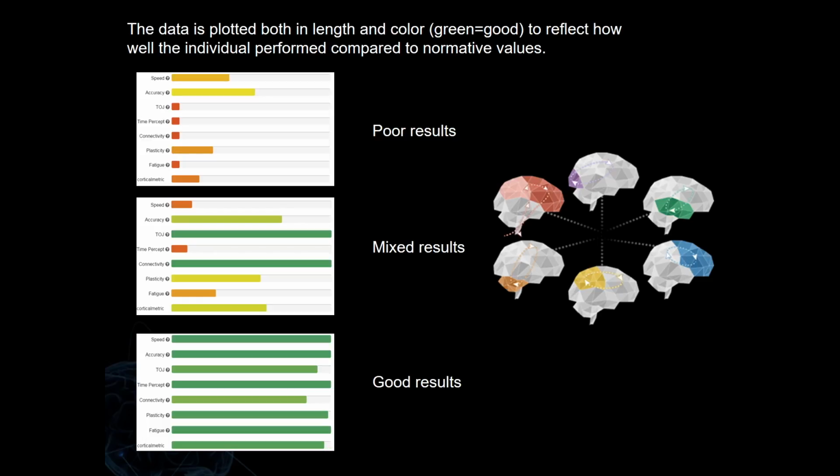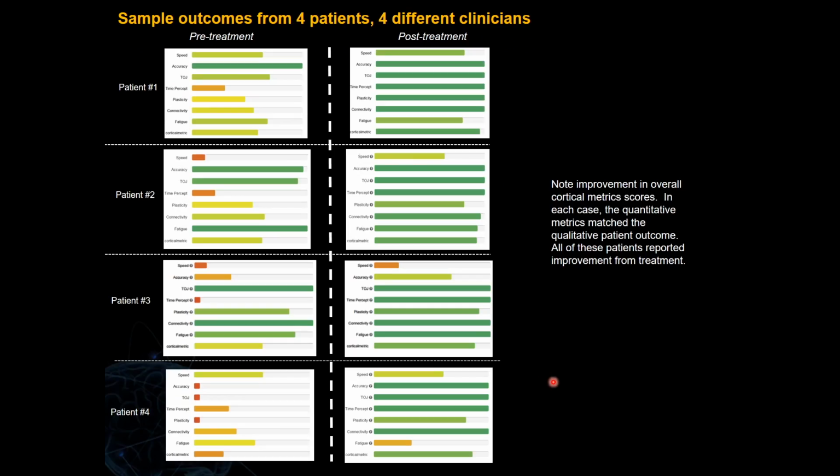You could probably guess, this might be one way that some people would like to see if it works for treatment. In this next slide, we have sample outcomes from 4 patients and 4 different clinicians. Pre-treatment is on the left, and the post-treatment graphs are on the right.